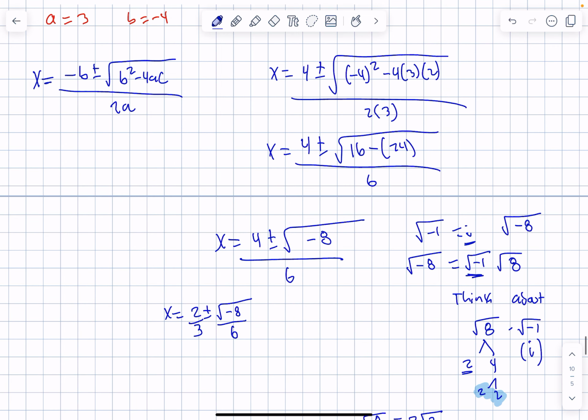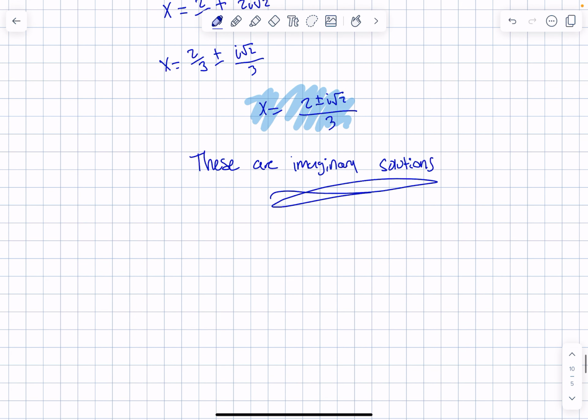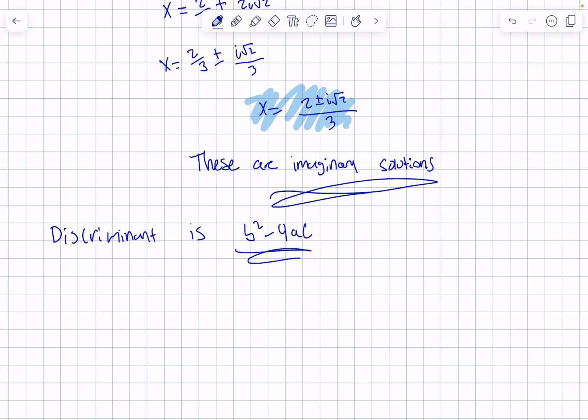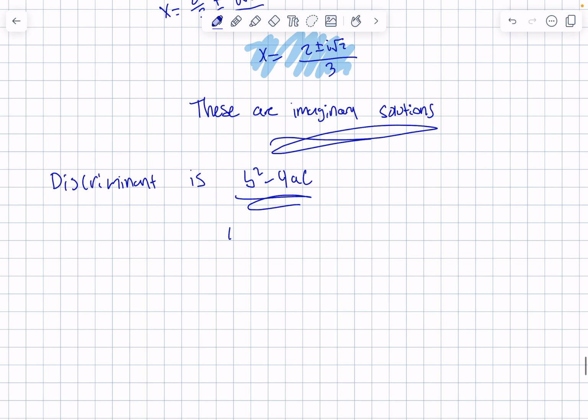So again, what is my discriminant? My discriminant is just b squared minus 4ac, right? Not the square root, not anything about that, just the discriminant itself. So if b squared minus 4ac is greater than 0, you're going to have two real solutions.